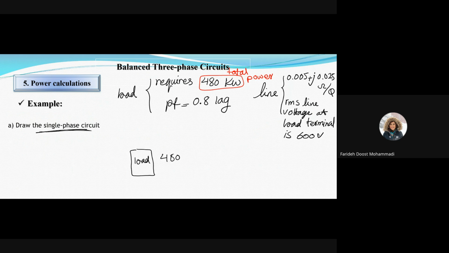So if I want to draw a single-phase diagram, I need to show the single-phase power, so I need to divide it by 3. And then the power factor is going to be the same. The power factor is the difference between the angles, so it doesn't matter if I'm talking about three-phase or one-phase.